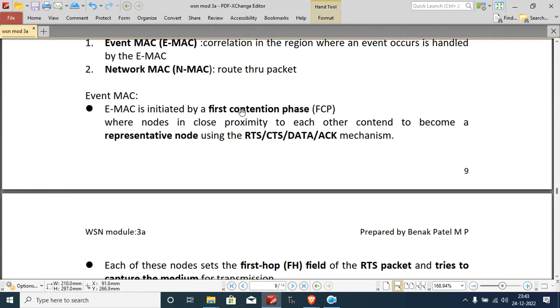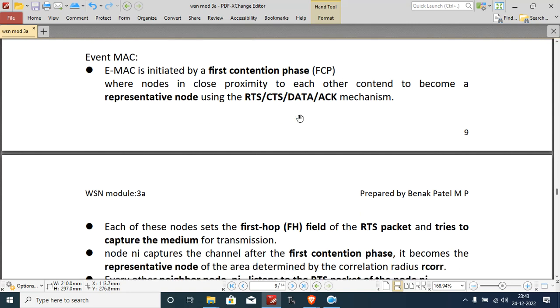So basically in this first contention phase, nodes in close proximity to each other contend to become a representative node, then each of these nodes sets the first hop field of the RTS, request to send, packet and tries to capture the entire medium for transmission.